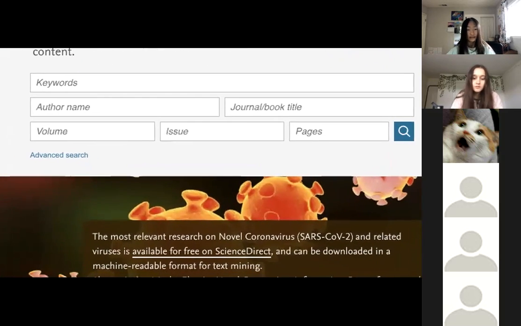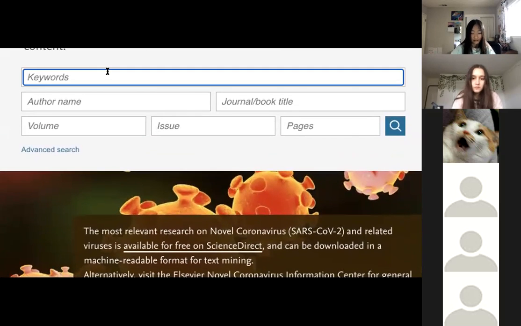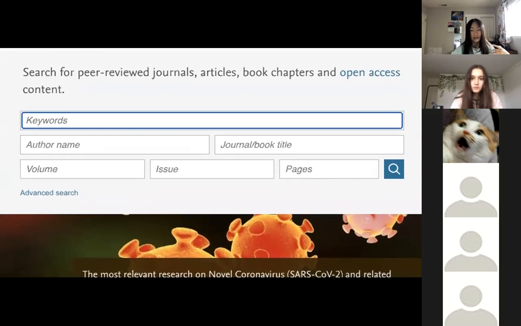So this one's not always free, but most of them are pretty good. And this is more related to general stuff. PubMed is more related to medicine.